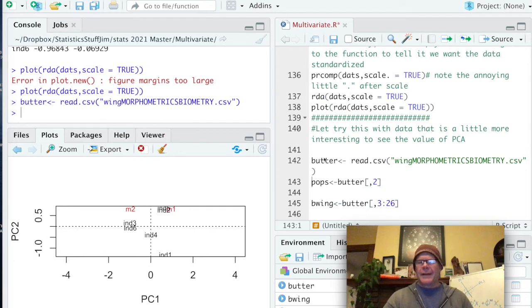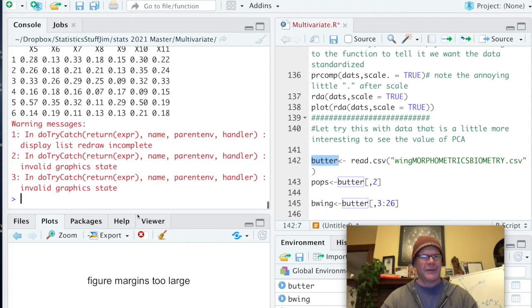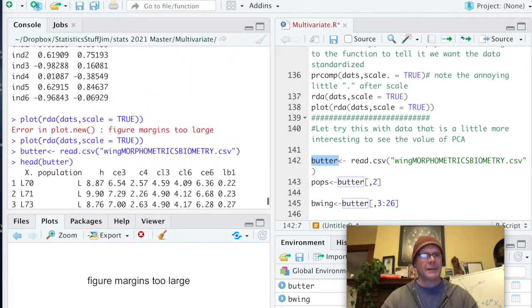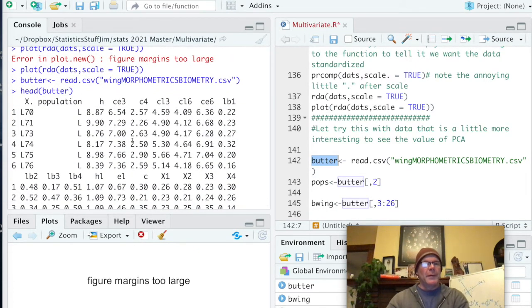And let's see how that data is set up. Let's take a quick look here at it. Head of butter. Head will just show the first 5, I think, or 7 lines of data, 6 lines of data. And so what do we have here in this? So this is the individual, and we're not going to really care about that right now. This is analogous to what our row names were with our silly example.